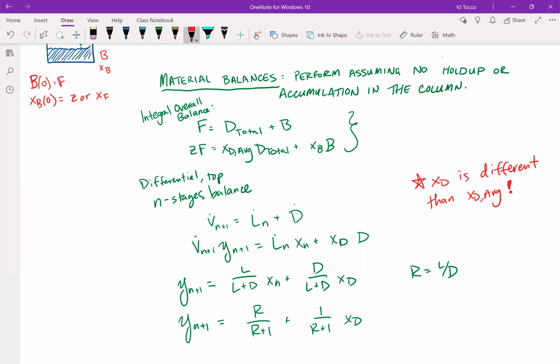So this is my operating line, and it has the same meaning and equation as it did for continuous, same meaning and equation as before.